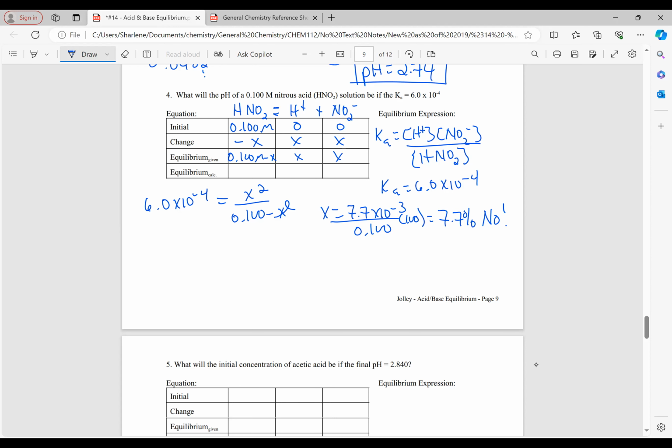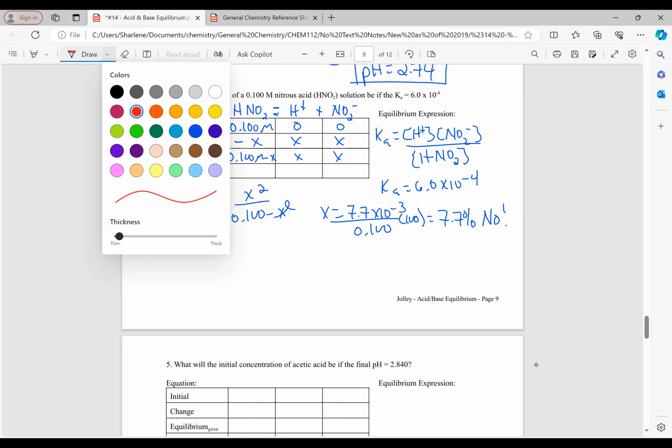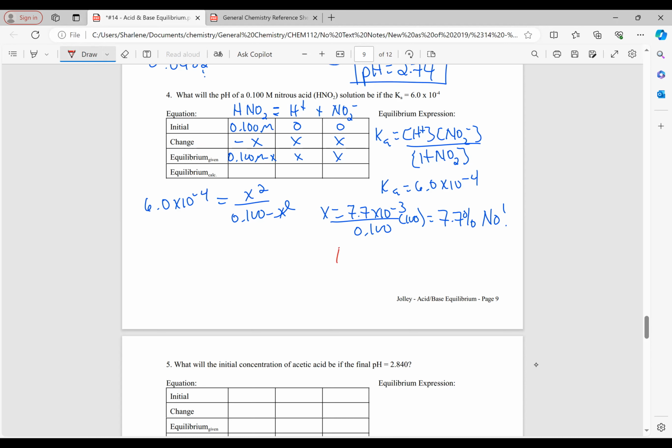So if the answer is no, you may either just plug it into the quadratic, or you can do something called successive approximations. And whichever one you do is absolutely fine.